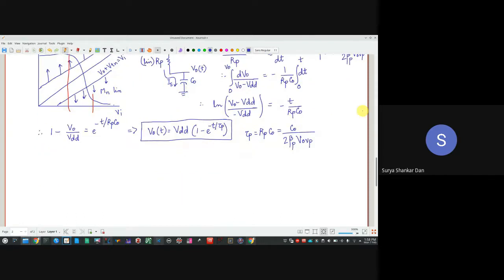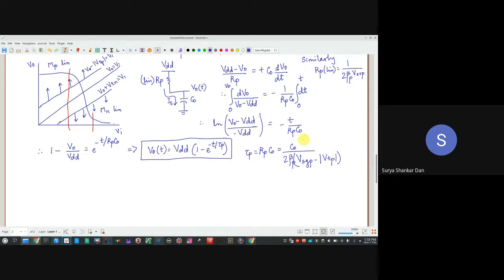Here VOVP means VSGP minus mod of VTP. What is VSGP? VDD minus VA.